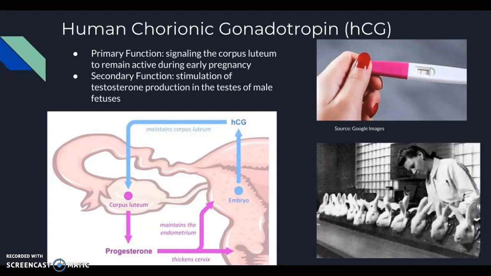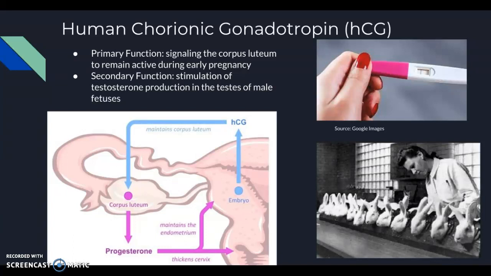It's structurally related to luteinizing hormone and can bind to luteinizing hormone receptors, which is important in the utilization of this hormone. Because levels of HCG rise so greatly early on in pregnancy, this could be a hormone that's related to nausea or vomiting of early pregnancy.